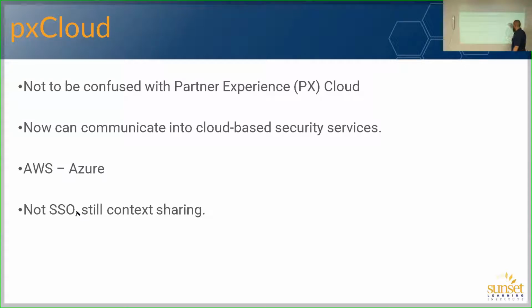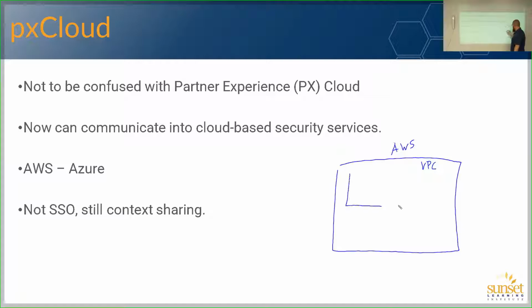Just an easy example, let's say we went out to AWS and we had our little VPC. We had a public subnet where we put some addressing, we put some servers. We had a private subnet where we put some addressing, we put a couple servers in there.